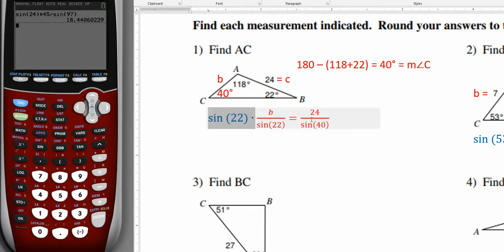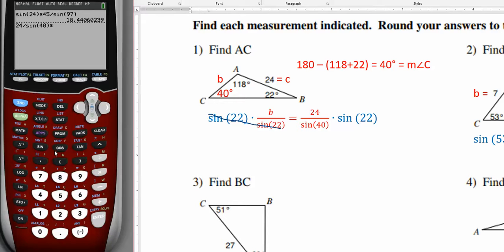We're going to multiply by sine of 22, and of course in algebra, what you do to one side you have to do to the other. So we are left with b equals 24 divided by sine 40 times sine of 22. We've just found out that b equals 13.99.